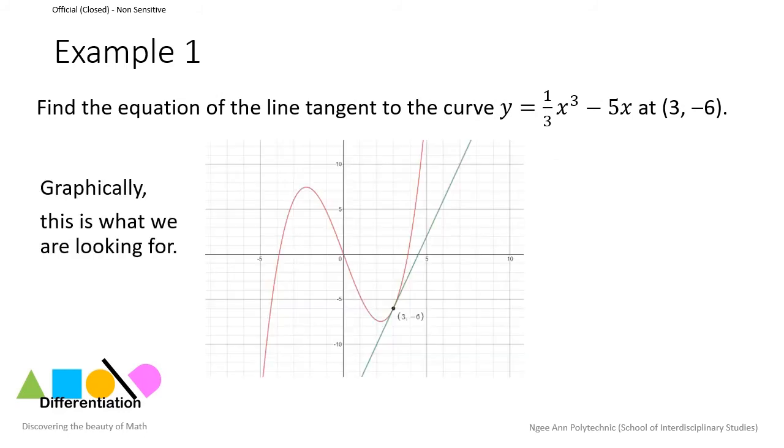Let's look at what this really means graphically. The equation that we are looking for, or we had found in fact, is just this green line that is drawn for you. And that line is what we call a tangent line, and it's given by the equation y equals 4x minus 18.